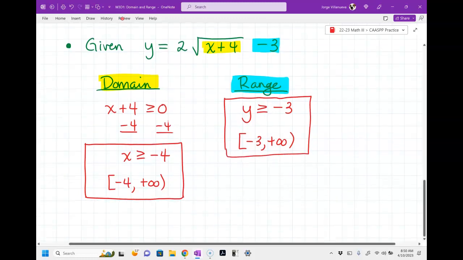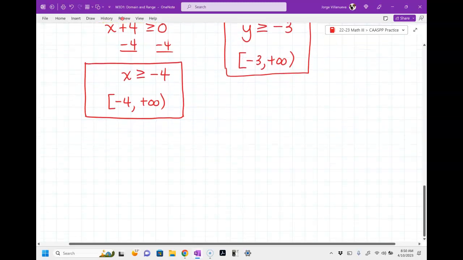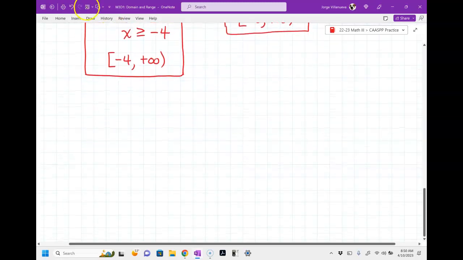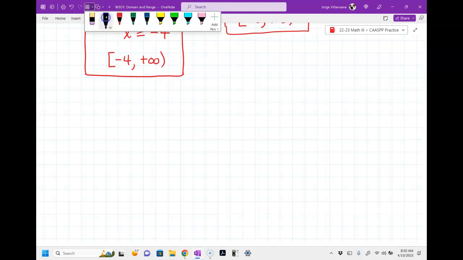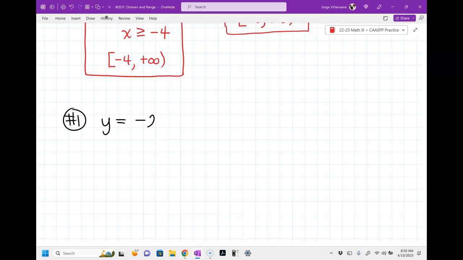Let me give you guys a little problem to work on your own. This is one of the problems from your homework. I'm not saying this is number one, but it is a problem from your homework. y is equal to, and I'm giving you this one because the way they wrote it is kind of weird.